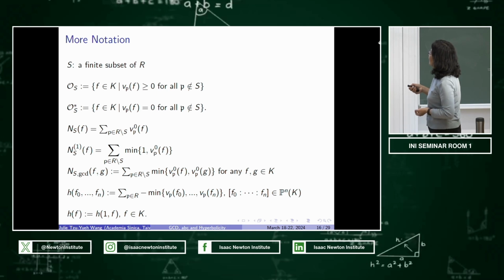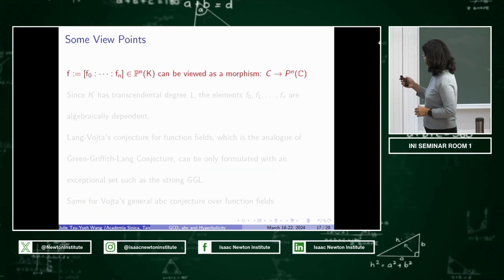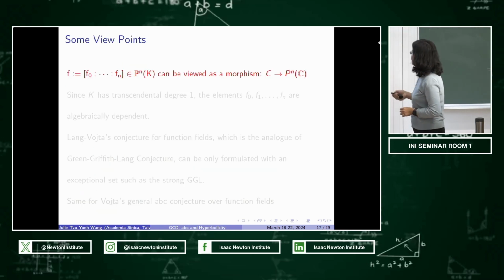We define the number of zeros outside S, and then doing truncation, you can do GCD. GCD is counting the common zeros outside the finite set S. And then you can also define height. The height is the characteristic function, and this is for functions. We will use it a little bit, so if you don't remember it, okay.